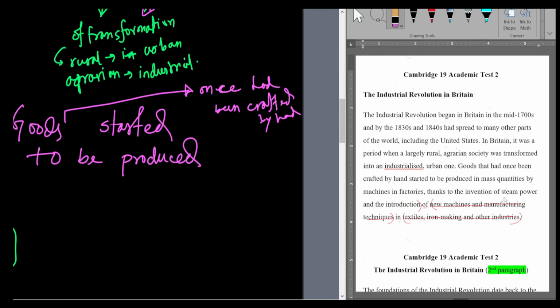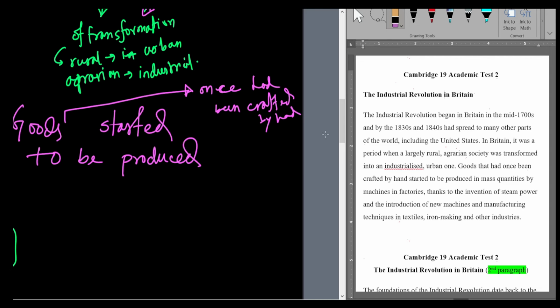Steam power. Because of the invention, or because of the introduction, of steam power and the introduction of what? Of new machines, as new machines came to the world, and different new manufacturing techniques. Because of this, these goods are produced by machines in factories. And after that, these techniques were utilized in textiles, iron making, and other industries.